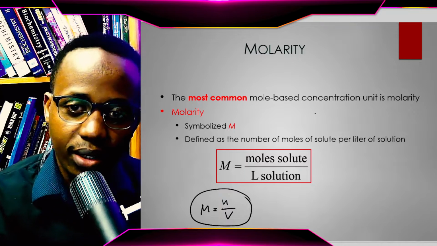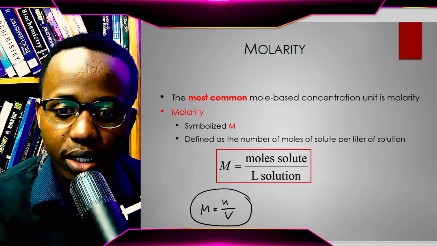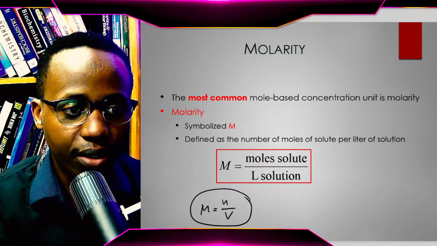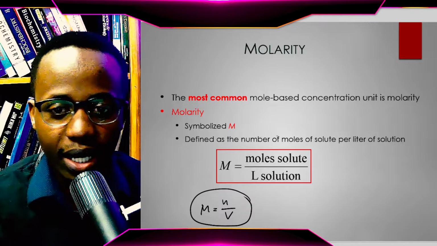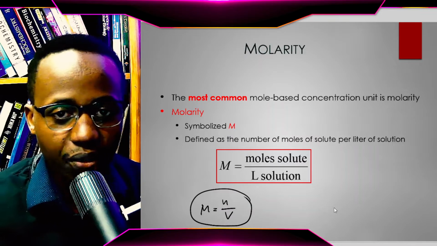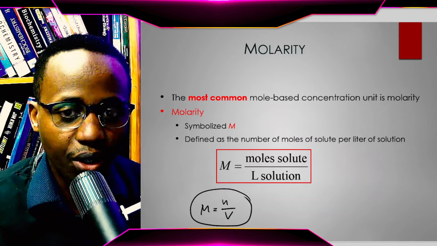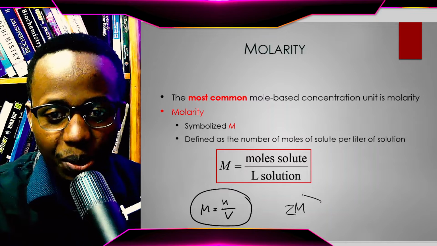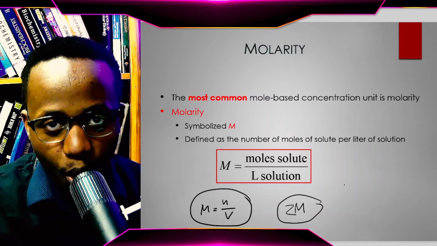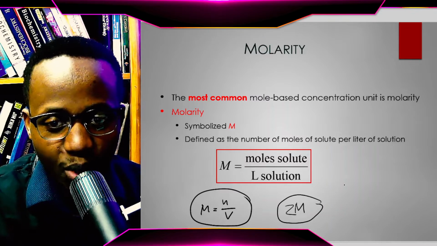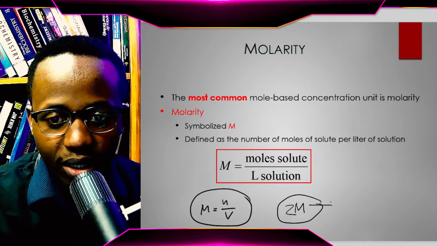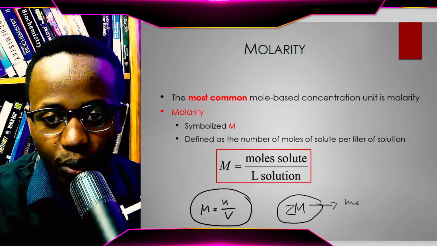This is molarity, right? It's the number of moles per liter of a solution, right? And we symbolize it by M. So if I have, for example, a molarity of 2, I will write 2M. And how do we read this? 2 molar. We say 2 molar. And 2 molar really means mole per liter, right?